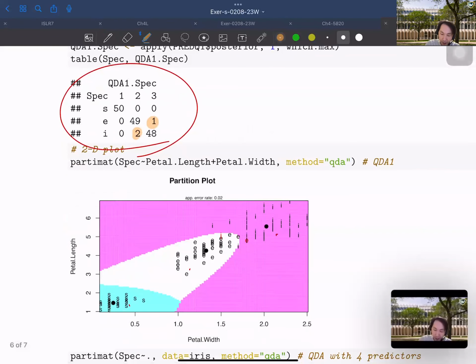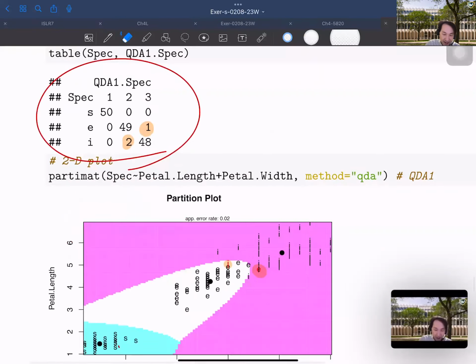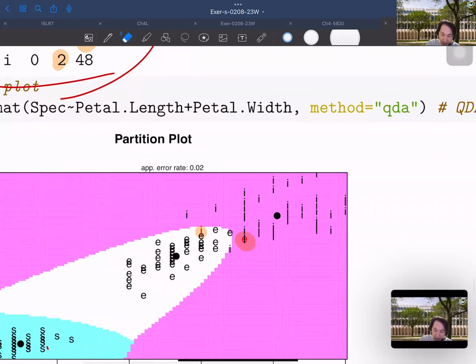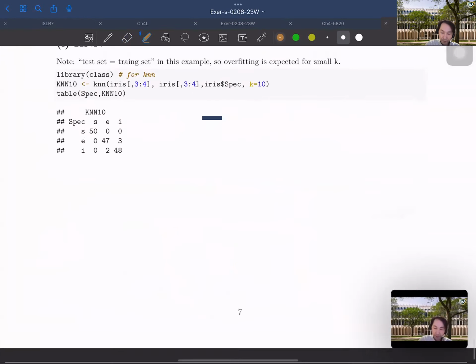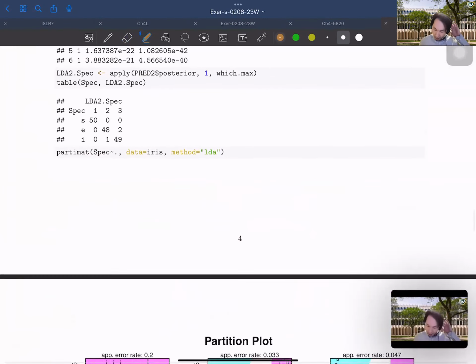So probably this one, that one, and maybe this one here. You can see probably 2 here and 2 here. So these 3 observations are misclassified. That is what the slides discuss.